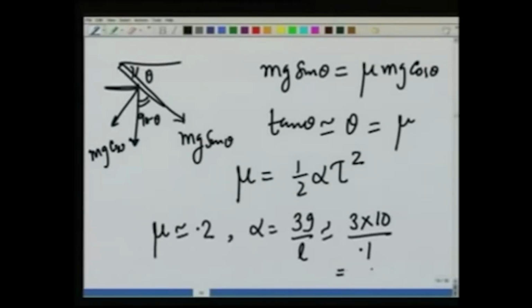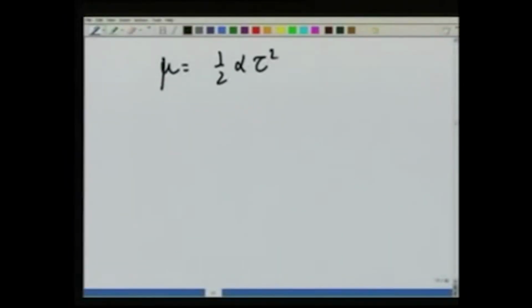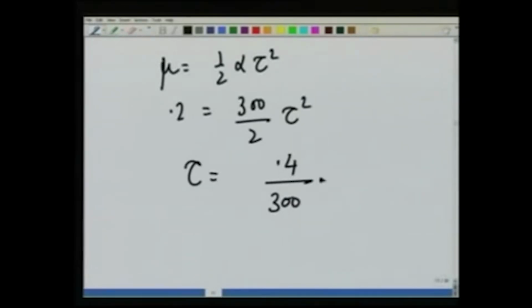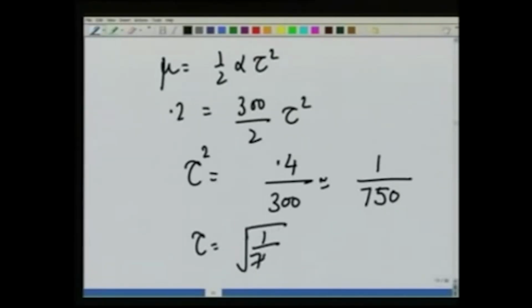So, that comes out to be roughly 300, and therefore, I have mu which is equal to 1/2 alpha tau squared, 0.2 equals 300 divided by 2 tau squared, or tau squared, the time for it to slip off, is going to be 0.4 over 300, roughly 1 over 750, and therefore, tau equals roughly, as a maximum, 1 over 30 seconds.